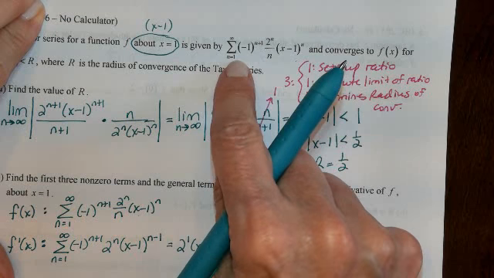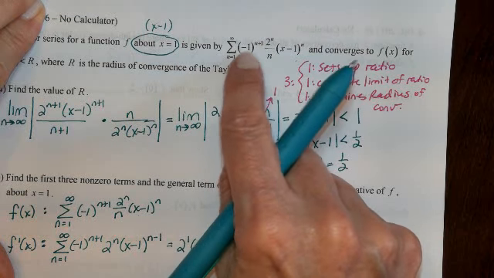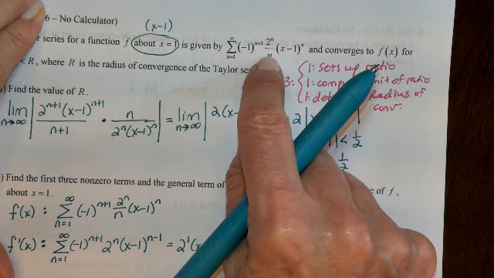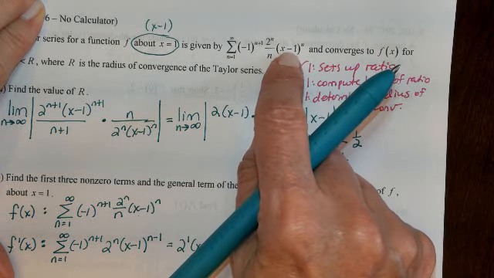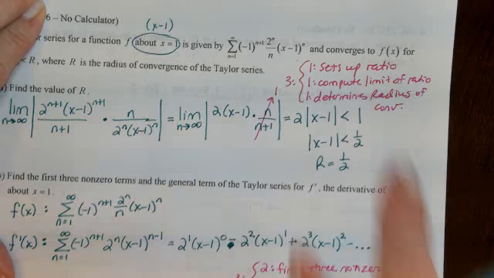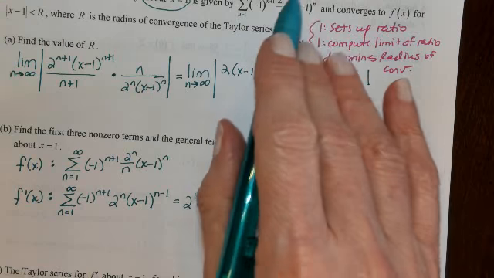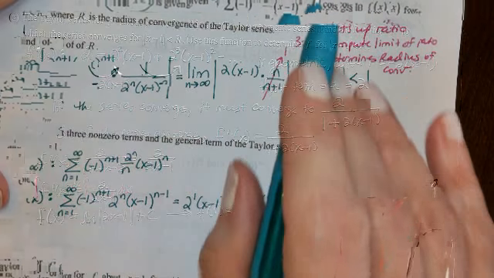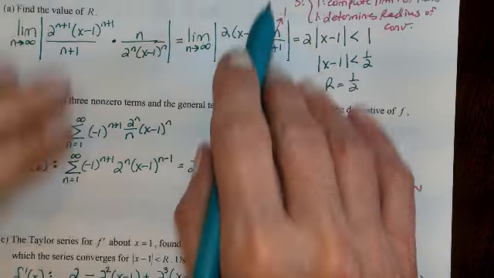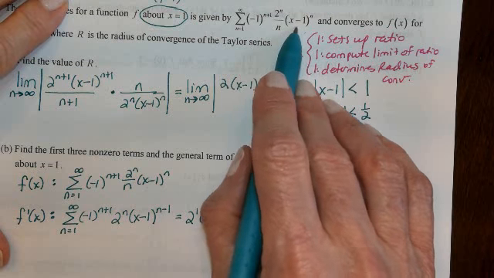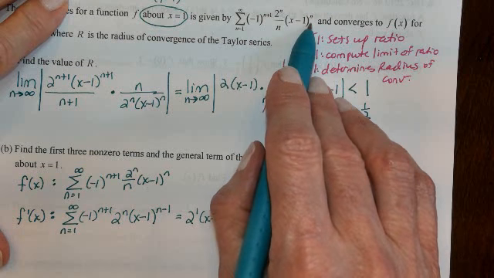And the first term in the series is positive 2 over 1 times x minus 1 to the n, right? So the first term in the series has an x minus 1 in it, right?